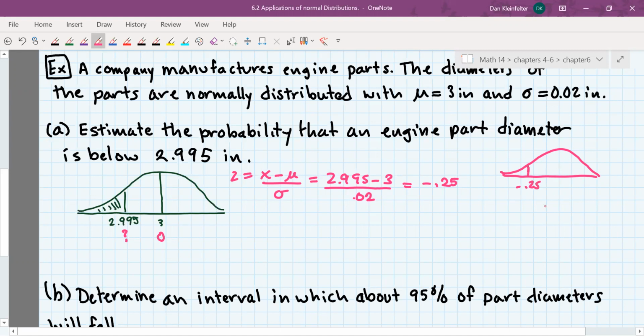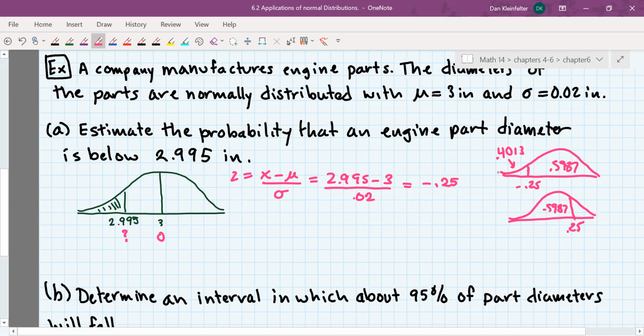So I'm going to use symmetry and a positive 0.25, and we'll need to figure out that right tail area. For 0.25, it is going to be 0.5987 on the left. So that will be to the right of negative 0.25. So then 1 minus 0.5987 is 0.4013.